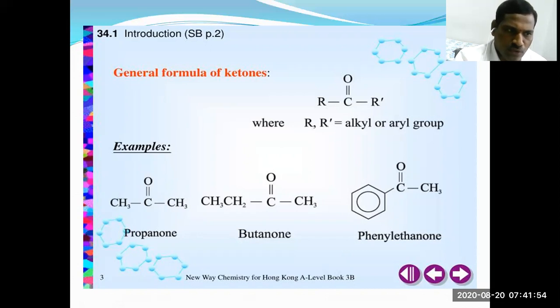The ketone is propanone. One alkyl group is an ethyl group and another alkyl group is a methyl group. The name of this ketone is butanone. This is the aromatic ketone, phenylethanone, also called acetophenone.